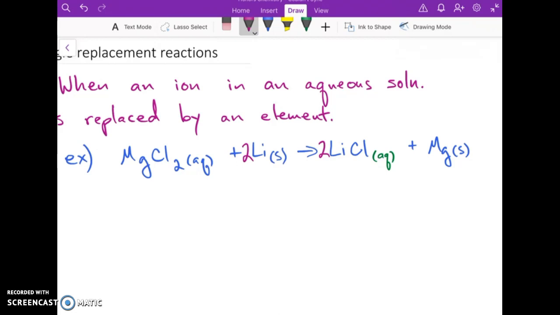Now, in this case, what I've done is I've replaced the cation, right? The magnesium, which was positive over here, got replaced, and now I've got a new cation in the compound in the aqueous solution. So we refer to this as cationic single replacement.